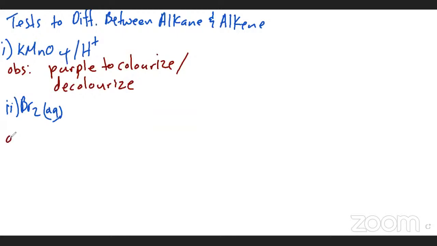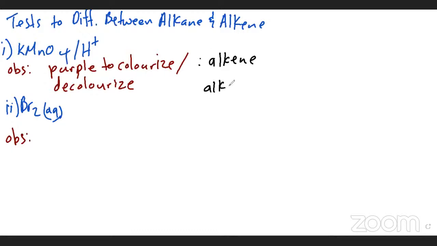And for the bromine water, it will go from red to colorless, or orange. So the alkene will change it from purple to colorless.